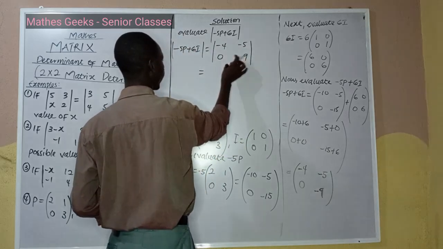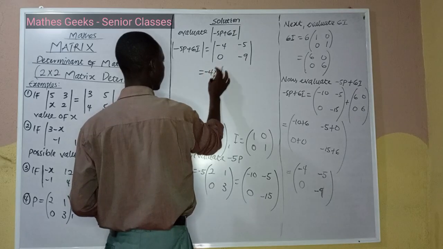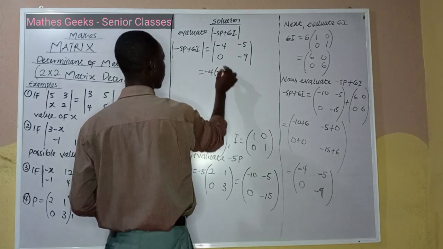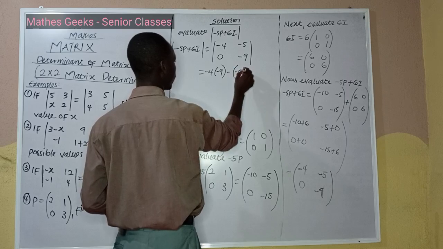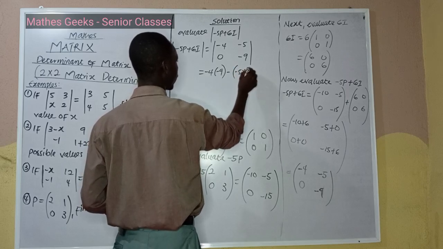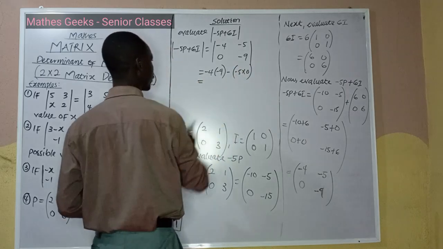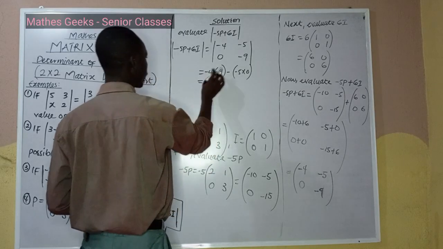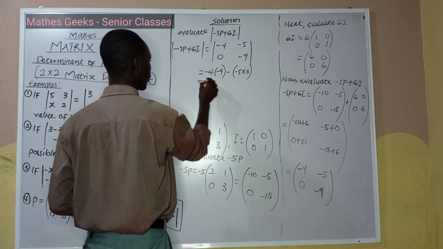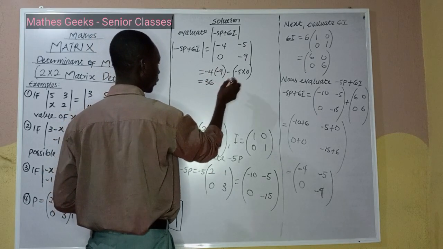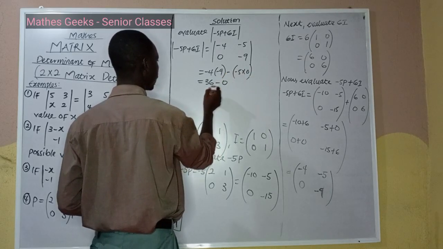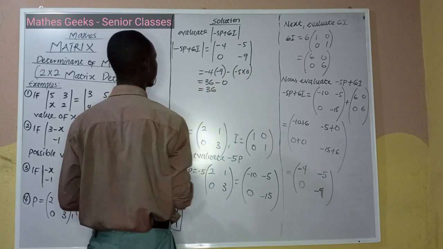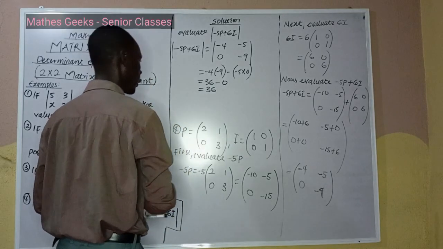This is minus 4 times minus 9 minus minus 5 times 0. Minus 4 times minus 9 gives us 36, since minus times minus gives plus, and minus 5 times 0 is 0. So the value is 36.